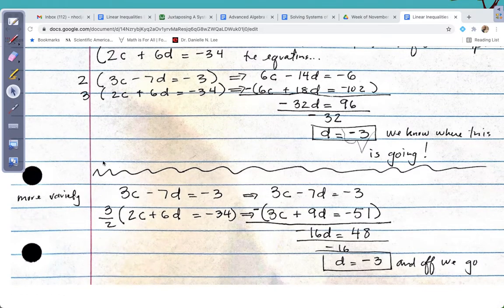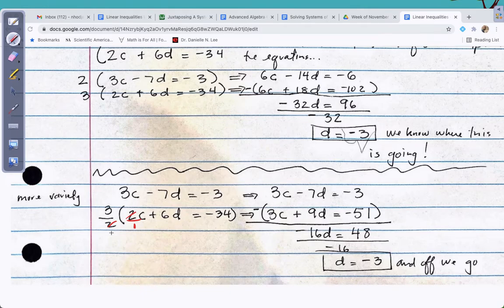Here's the same system, third time in a row, right? Same exact system, except this time, once more I want to use combination elimination, but rather than manipulate both equations, I've chosen just to manipulate one. I decided to multiply the second equation only by 3 over 2. And again, why did I make that decision? Because in multiplying it by 3 over 2, this is really 2 over 1, these 2's cancel out, leaving me with 3C.